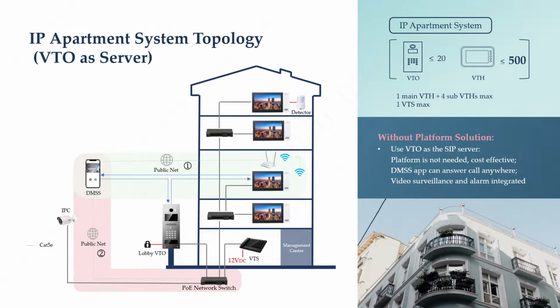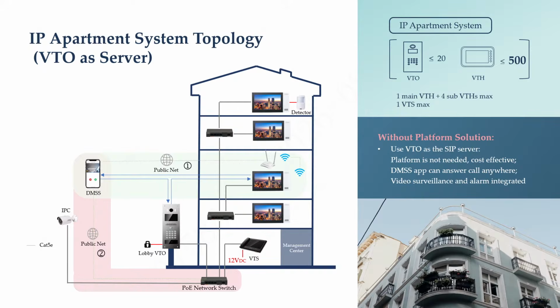Okay, let's see the topology of this solution. One thing is important about this one. If we are not using DSS as a SIP server, we will use the DMSS application for the end user. So in this case, when VTS or Smart PSS or VTO is the SIP server, DMSS is the end user application, which can inform the customers about the calls.